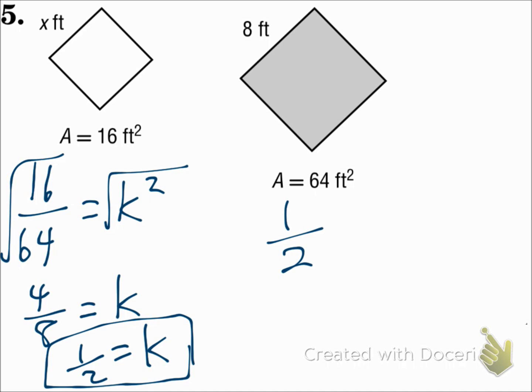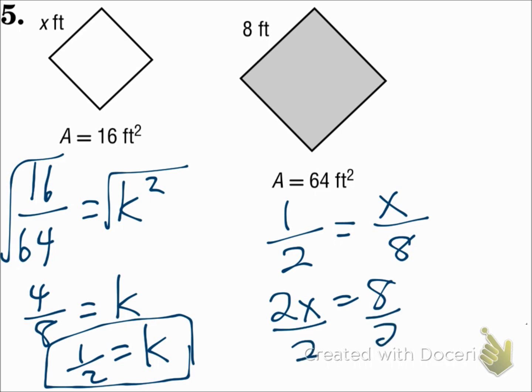That is unshaded over shaded. So side lengths, unshaded over shaded. Cross multiply. 2 times x is 2x. 1 times 8 is 8. Divide by 2, and x is 4. Area over area equals k squared, and then use k to find x.